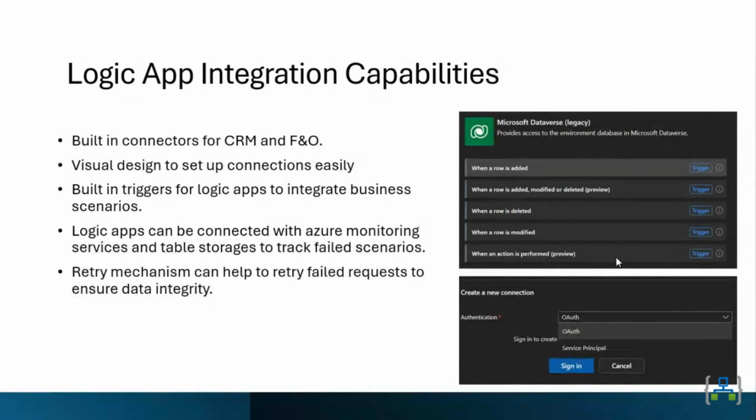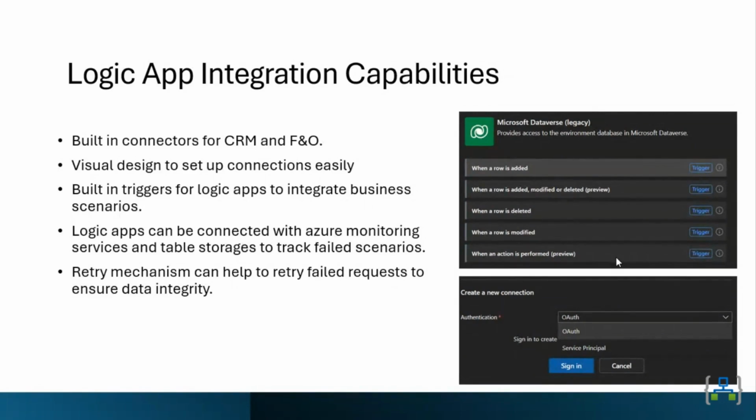And for logging purposes, we can always use table storage for error logging and all. And the most important part is the retry mechanism. We can have our failed runs and retries in place to track every failed request.